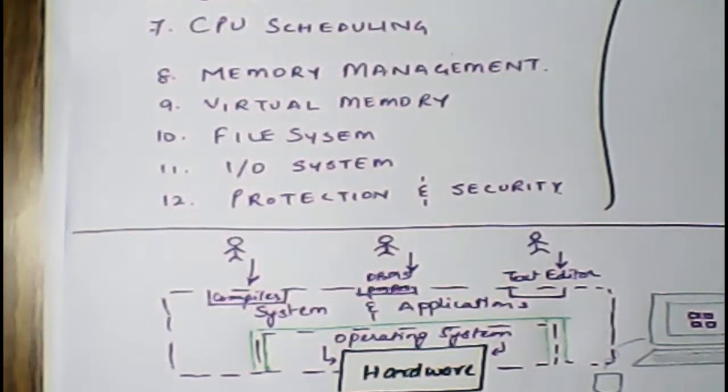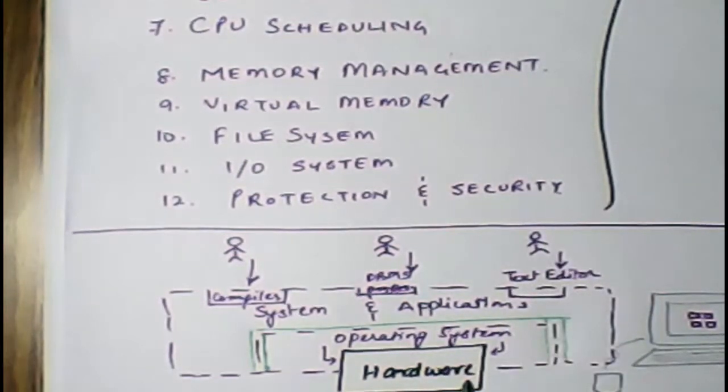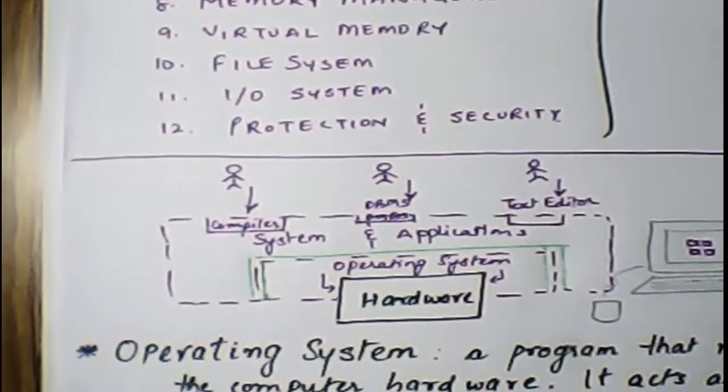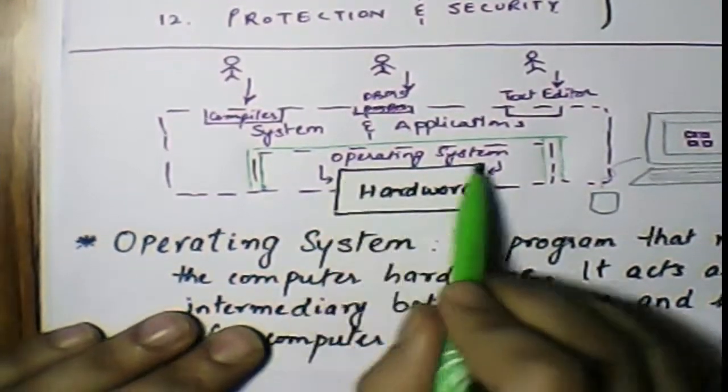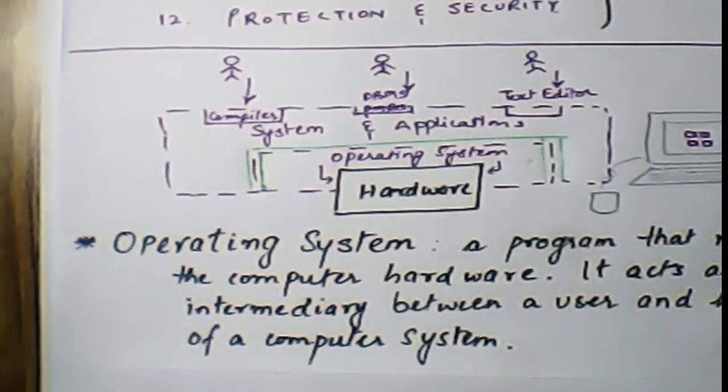I use some resources like memory, I use some resources like processor, for fast execution. So whenever a user interacts with the hardware, it doesn't directly interact. It needs an interface, which is a software, which is operating system. But is it directly interacting with hardware? No, it is not directly interacting.